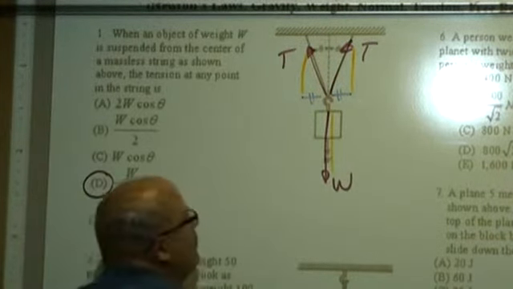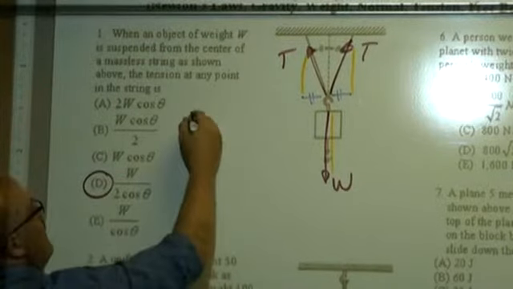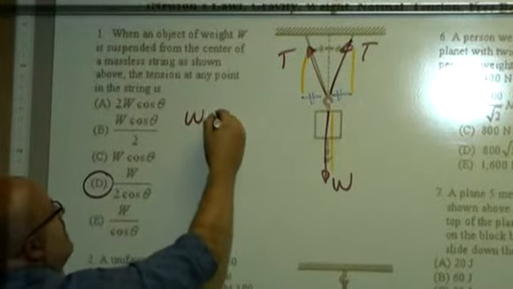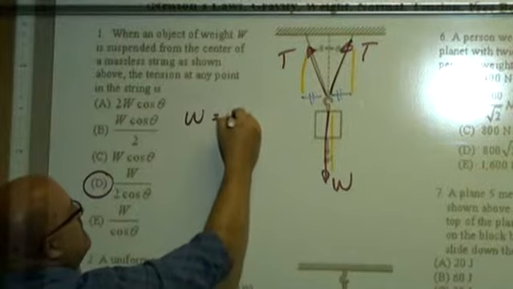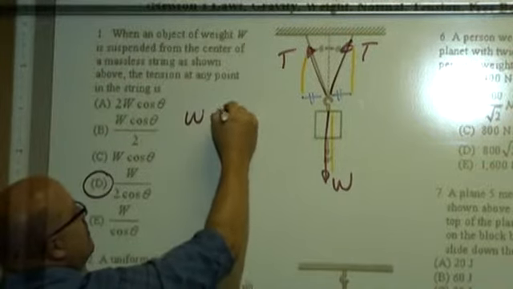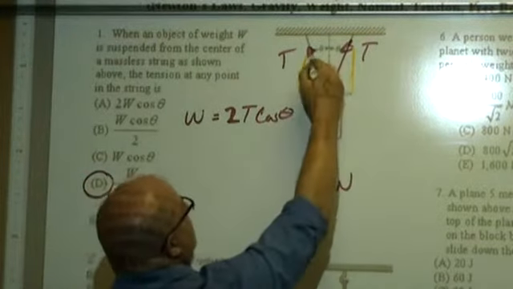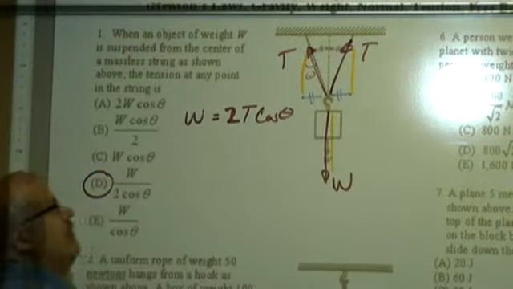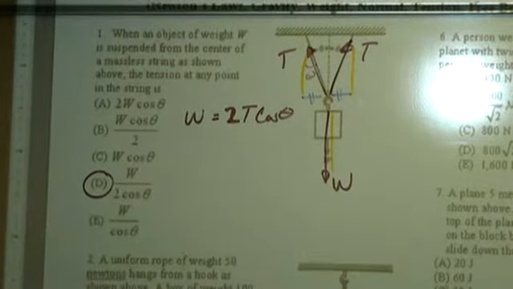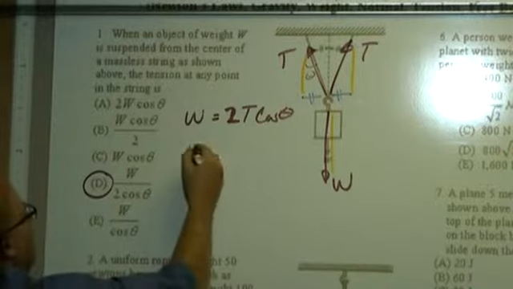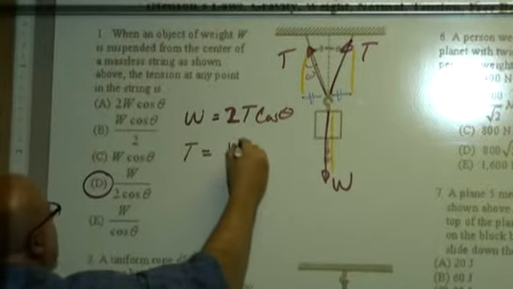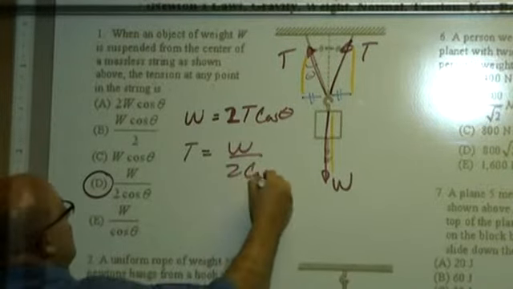And since it's symmetrical, you can say that W down must equal 2 T cosine theta, because this is the theta right here. So that yellow component is the cosine theta part of the tension. And since the angles are the same, the 2 tensions will be the same. Okay? So you end up with tension equals W over 2 cosine theta.